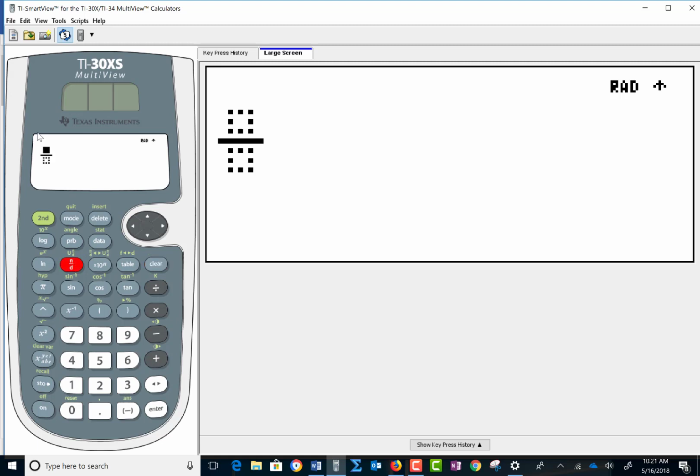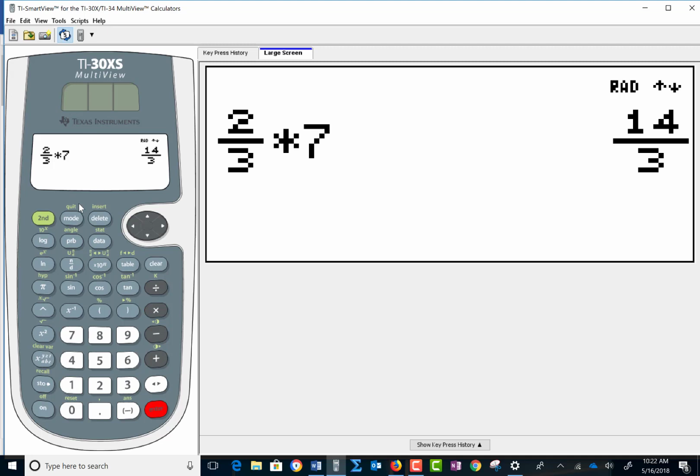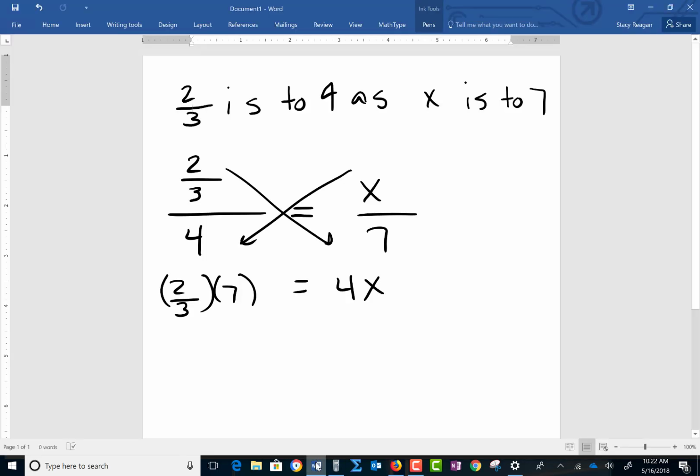If I click on that one for the smaller calculator, all I need to do is use the arrows to make sure that I have the numbers that form the fraction in place. So that would be my 2/3 times 7, and I would hit enter and it would give me 14/3. So if we go back to our piece of paper, we would have 14/3 right here and 4x here.